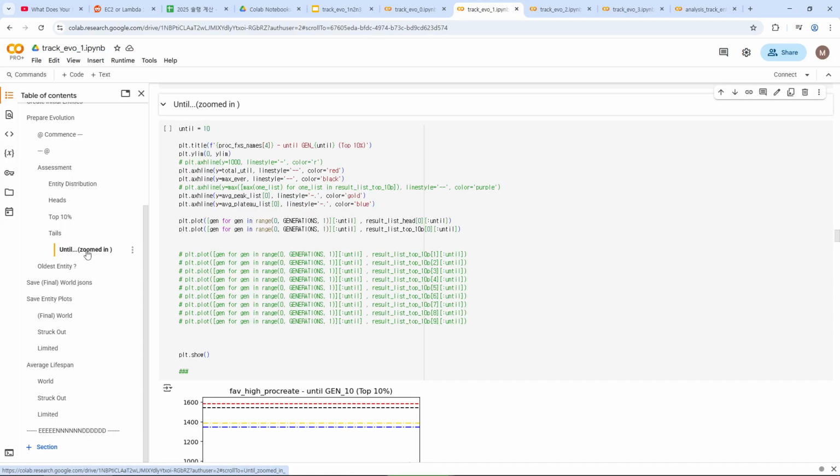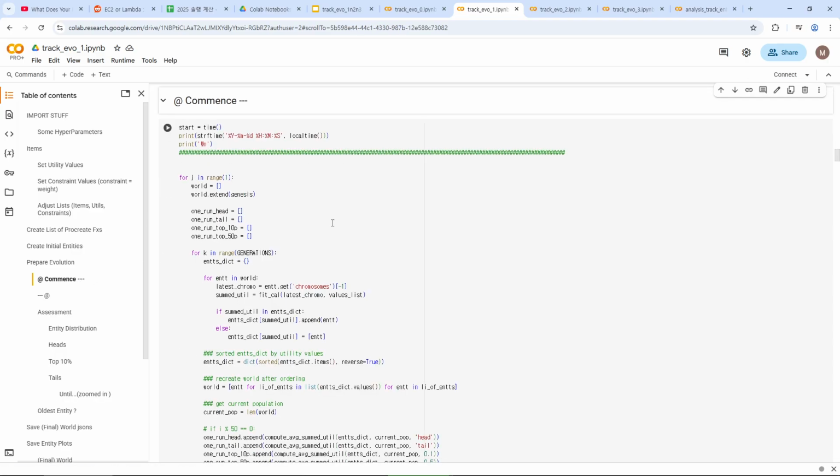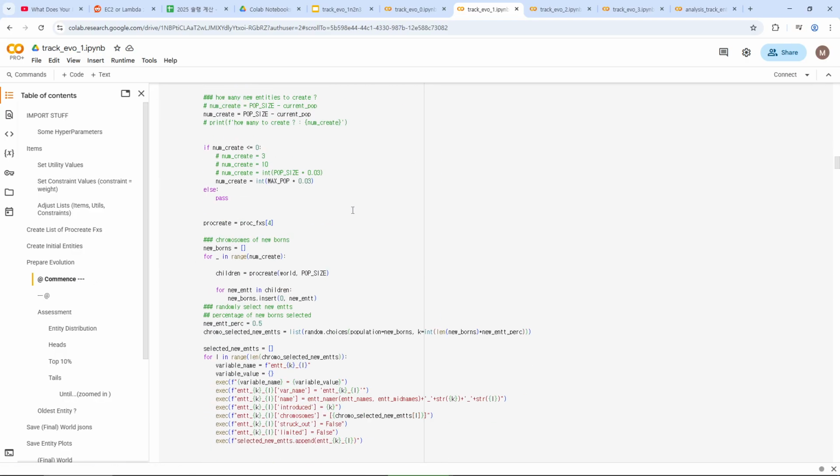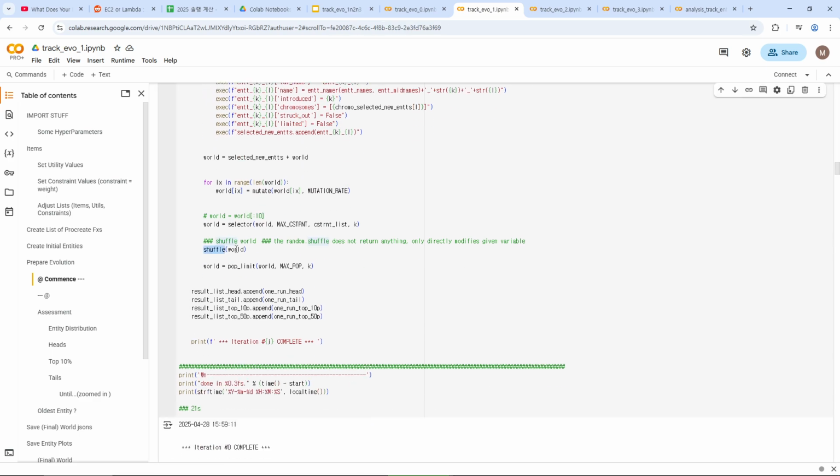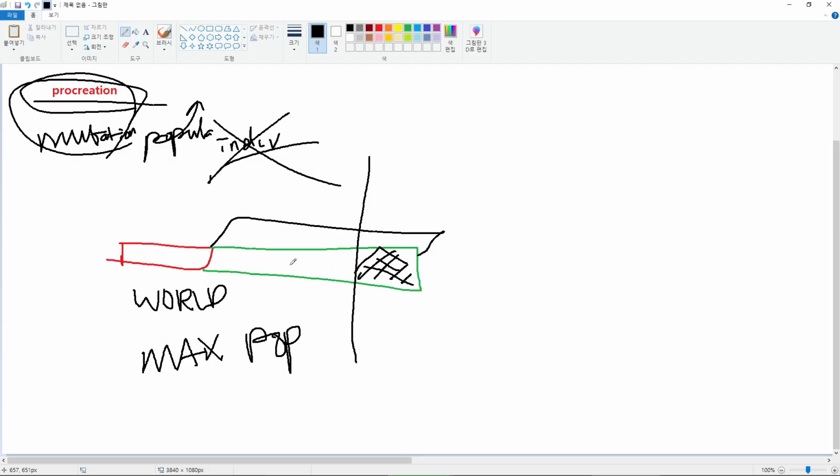What I started doing instead was that I shuffled the world before I limit the population.